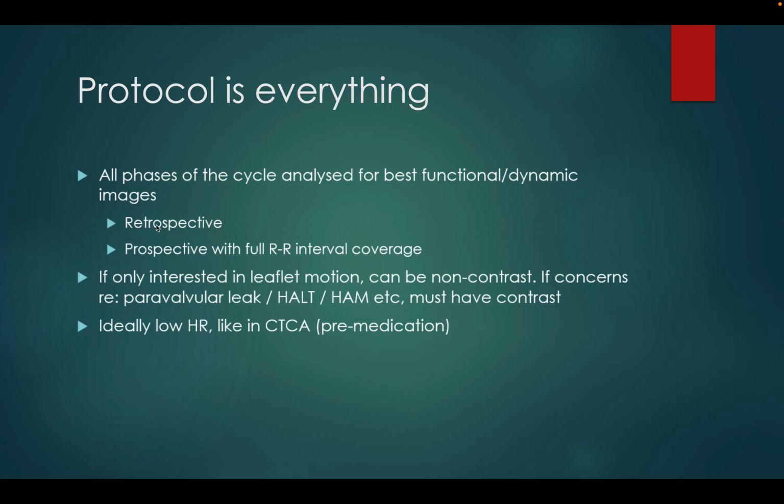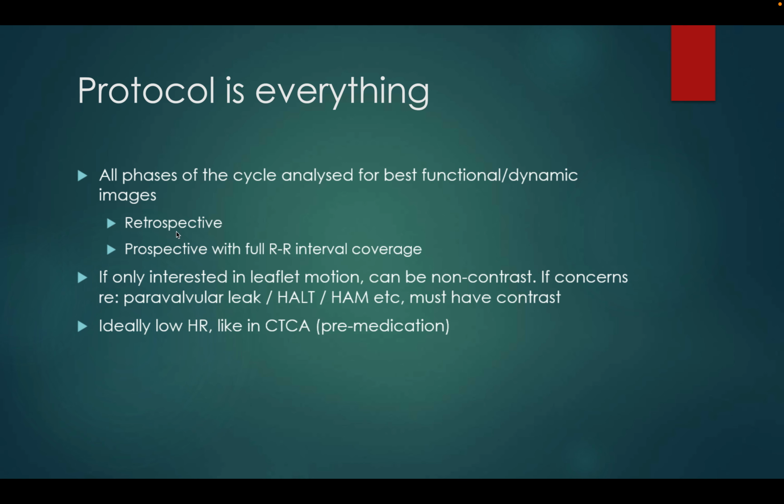You could reconstruct every 5%, 2% or 10%, or according to milliseconds, for example every 50 milliseconds. But retrospective entails the highest radiation doses in CT, while in prospective acquisition the CT machine detects every R wave and then exposes the patient to radiation.